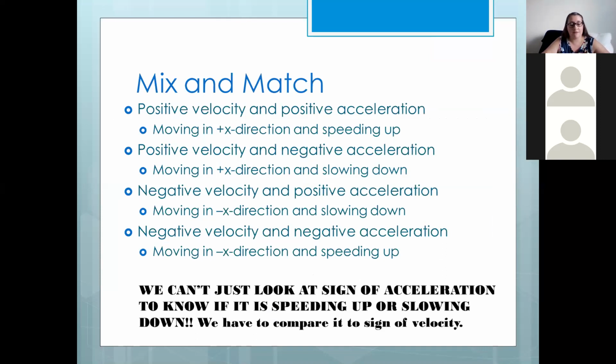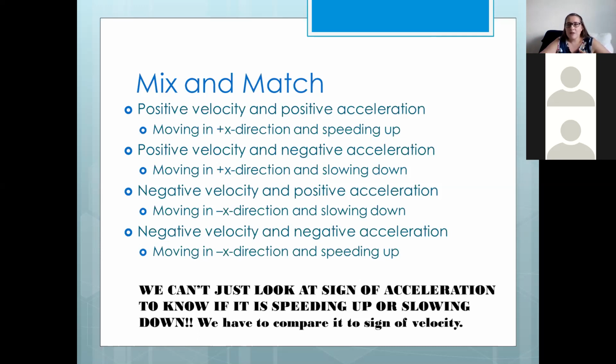They don't have to have the same sign as each other. So it is possible to have a positive velocity and a positive acceleration. That would mean you're moving in the positive x direction and speeding up. You could have a positive velocity, but a negative acceleration, which means you're moving in the x direction and slowing down. Those things tend to make sense in our brains.